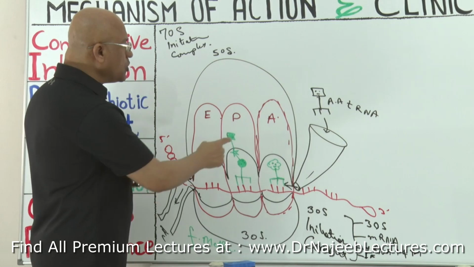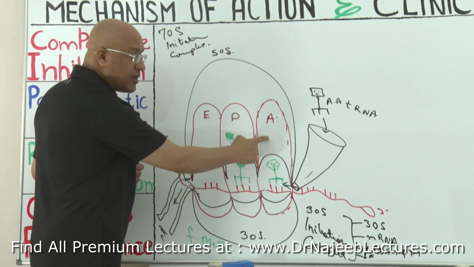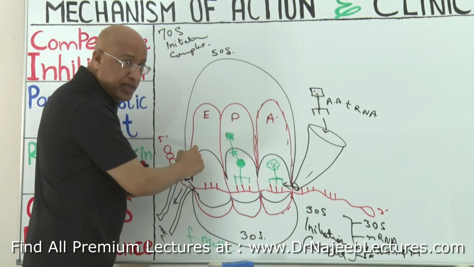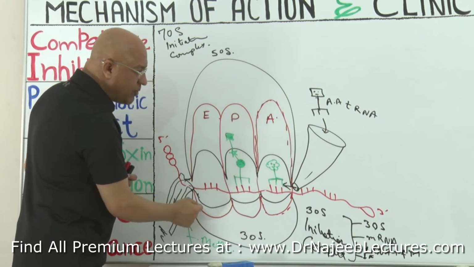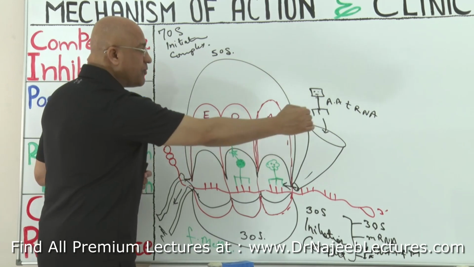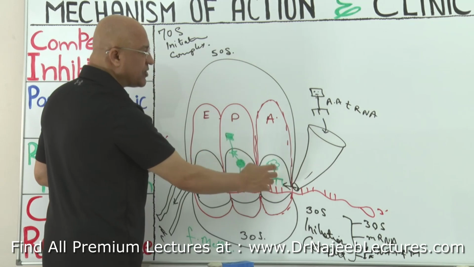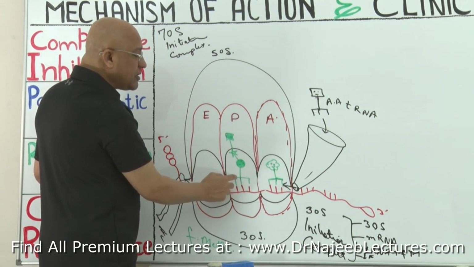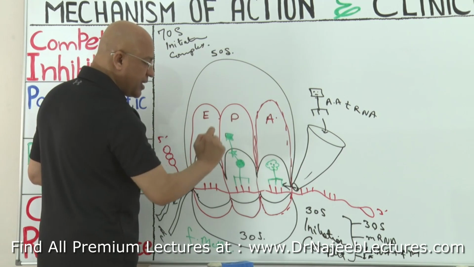Now I have shown you 3 functional areas. A site, and all these areas are mainly present within the 50S, partially involving the 30S subunit. Incoming amino acids, the transfer RNA bringing a new amino acid, come into the A area.